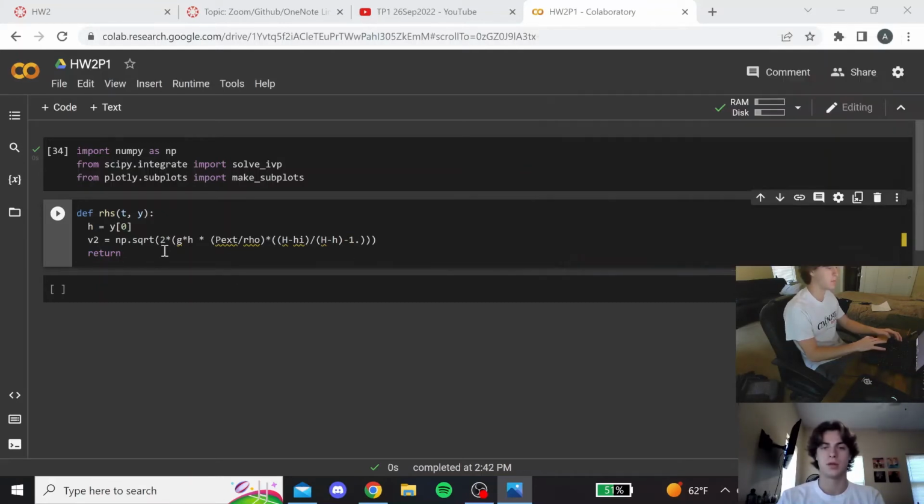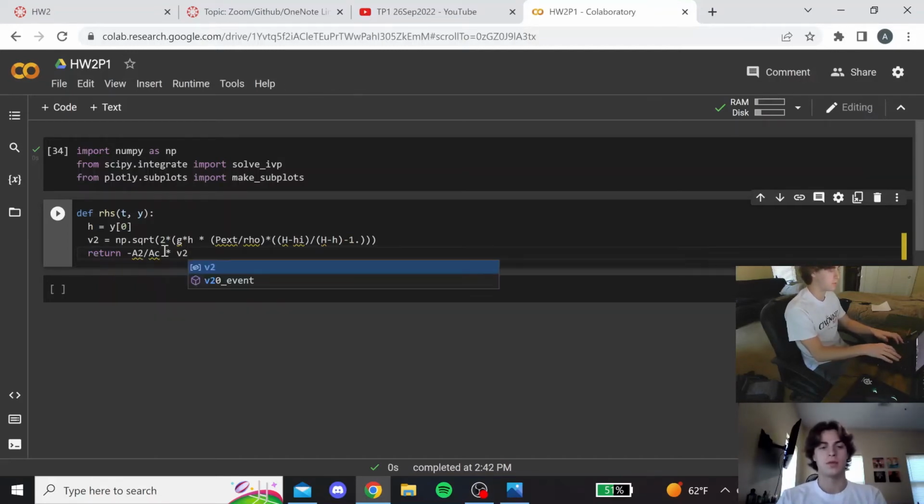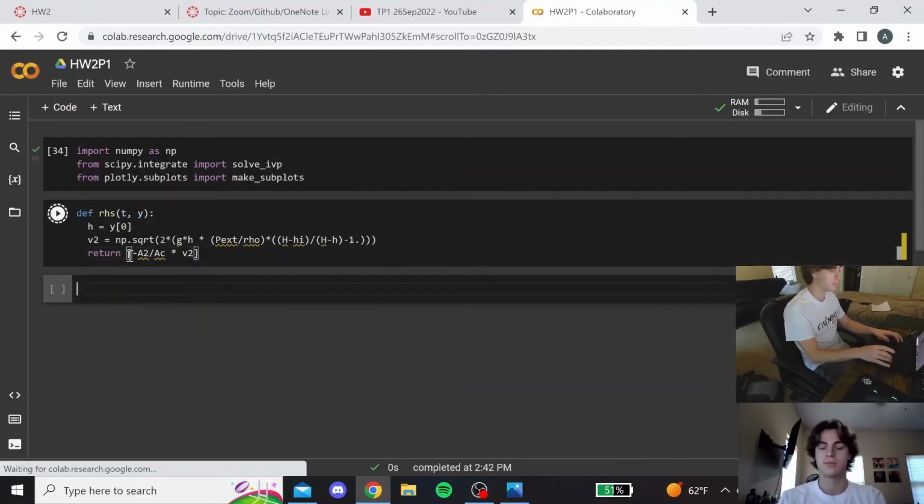So we return negative cross-sectional area of the hole divided by the cross-sectional area of the tank times V2. And since we're using solve IVP, we have to return this as a vector.